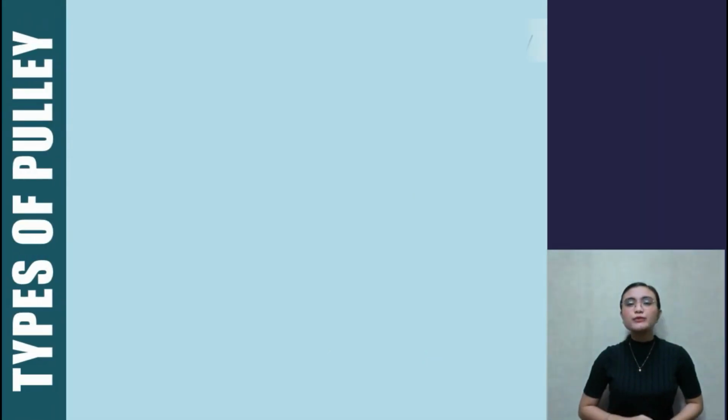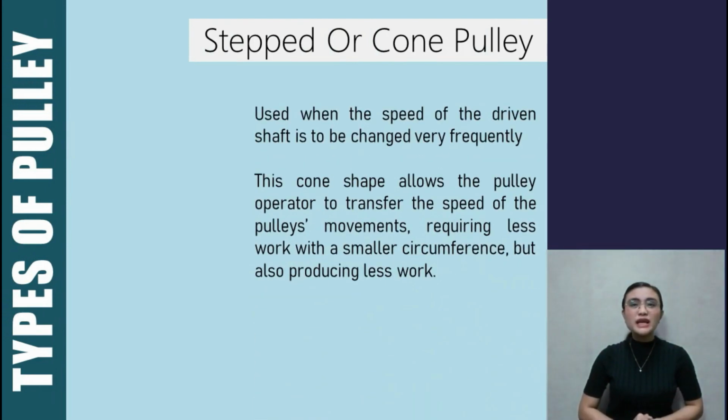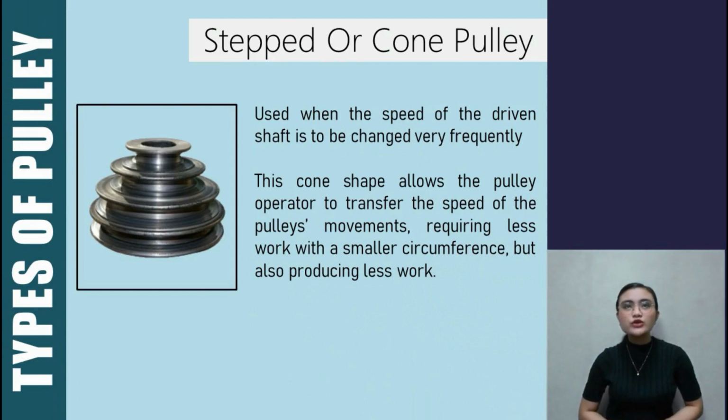The third type of pulley is known as the step or cone pulley. It is used when the speed of the driven shaft is to change frequently. It is a cone shape that allows the operator to transfer the speed of the pulley's movement, requiring less work with a smaller circumference.